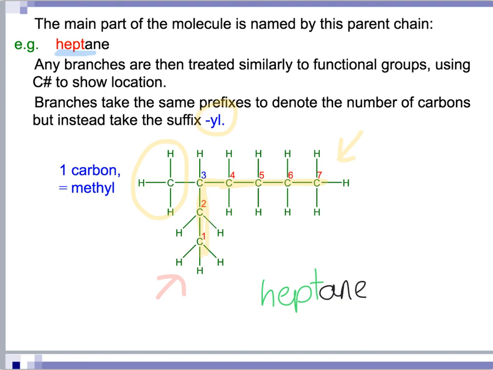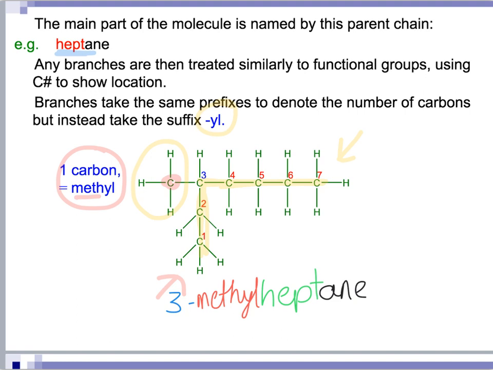And then over here on carbon number 3, I have a 1 carbon branch. So that 1 carbon branch wasn't included in the parent chain. Prefix for 1 is meth, and the ending is -yl to say that it's a branch. And so we would say 3-methyl-heptane. And yes, it really does join together like that, 3-methyl-heptane.